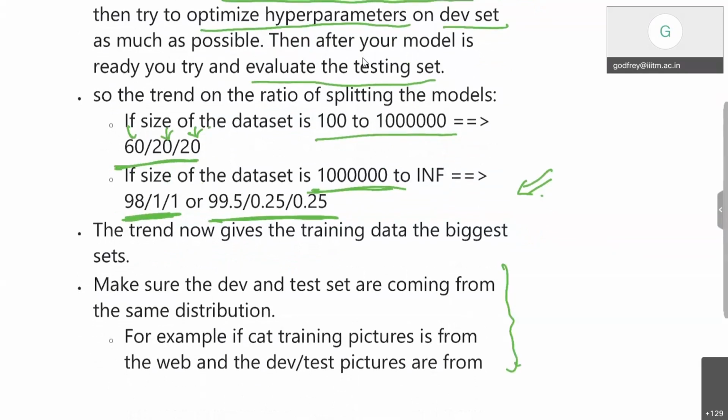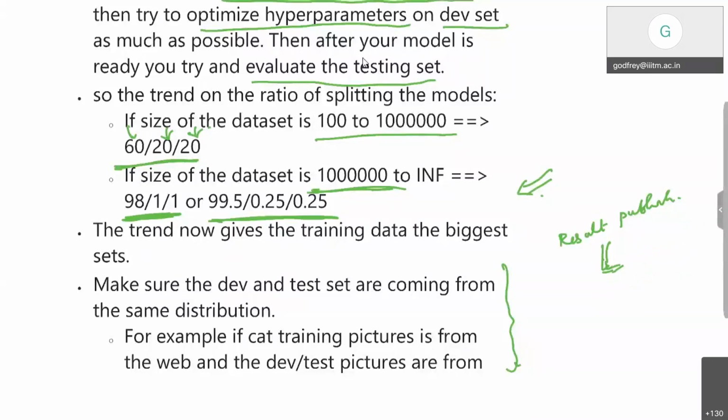But the important thing is this. Many of the published results may have testing and development data sets that come from different distributions.